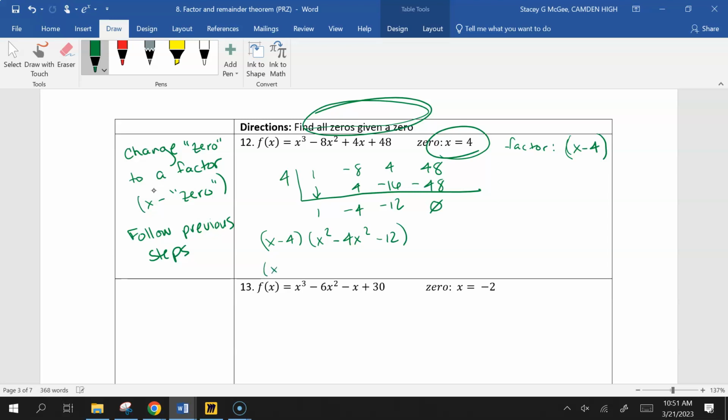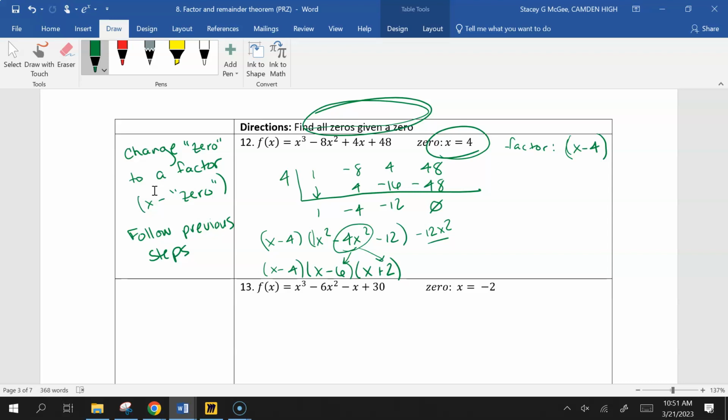Negative 6 and 2. What multiplies to negative 12x squared but adds to negative 4x? It's just factoring. And I shortcut it because I got a 1 in front.